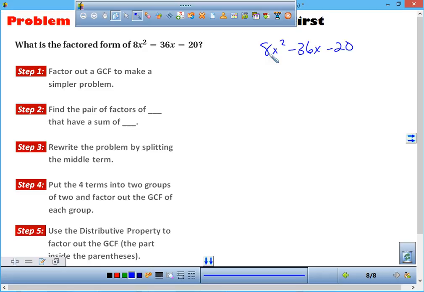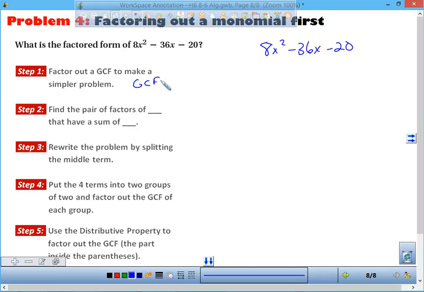Since that becomes our first step in this one, I'm guessing we have something we can factor out. So a GCF of 8, 36, and 20 is going to be 4. So what I do then is I just rewrite this, but I divide 4 out of the whole thing.